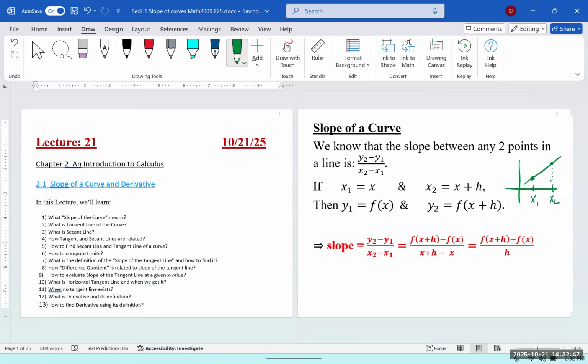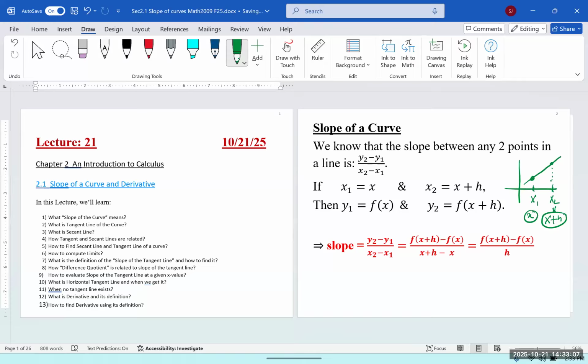If our x1 is simply x, that means our x2 will be x plus a little bit more, so x plus some more units.